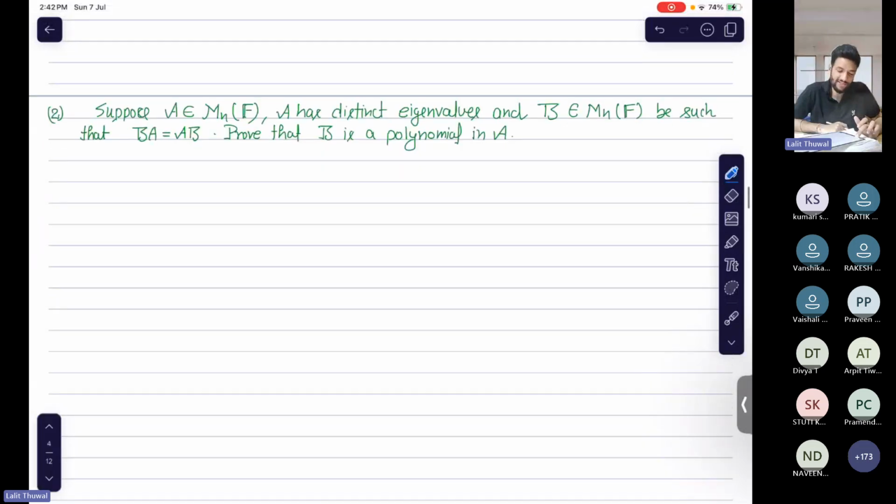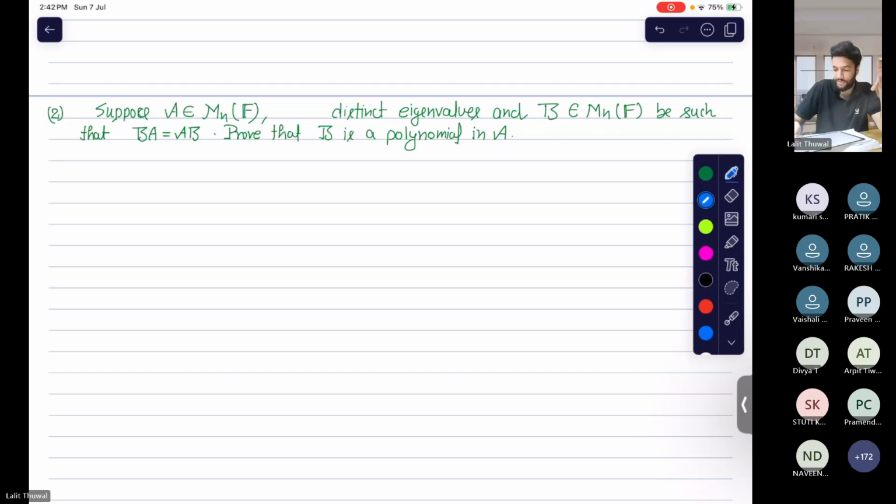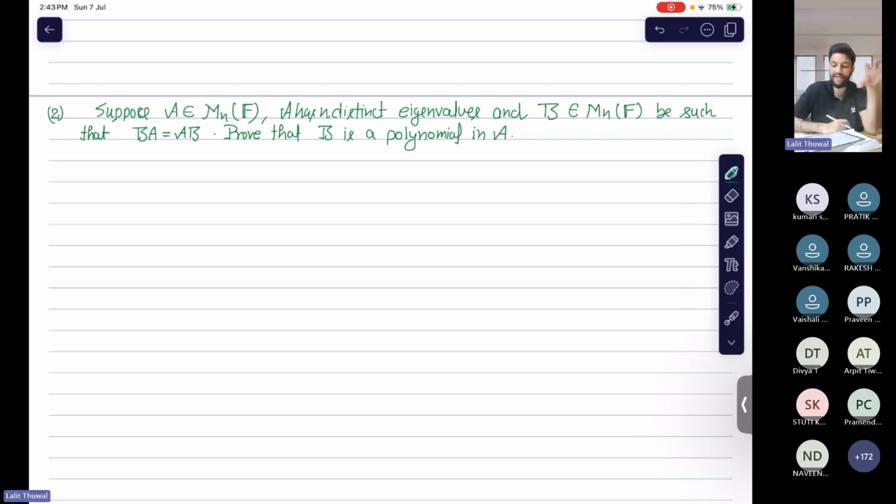The result is: suppose you have a matrix A over some field. This is a very good problem. A has n distinct eigenvalues, and B is a matrix which commutes with A. Then we have to prove that B must be a polynomial in A. What does it mean?